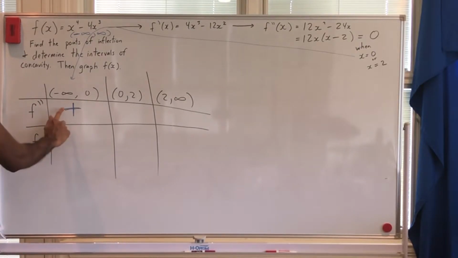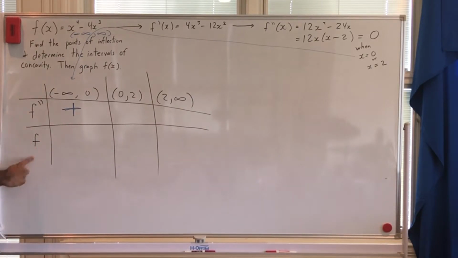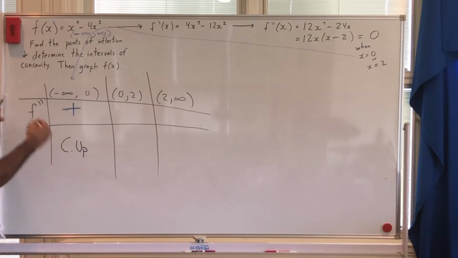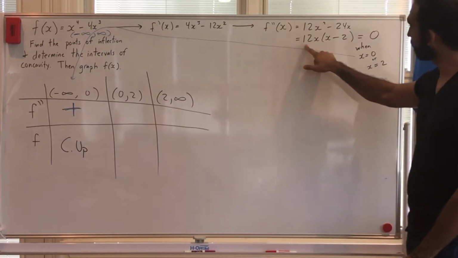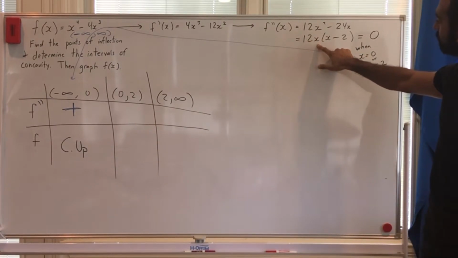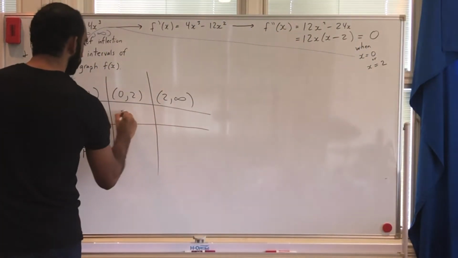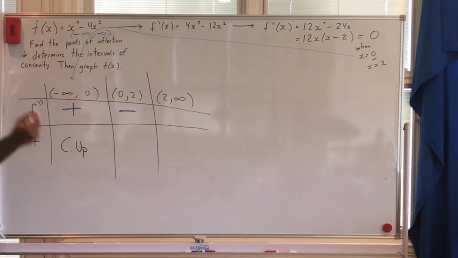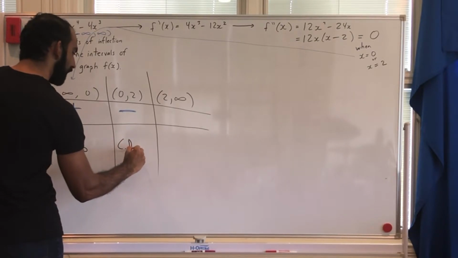So f double prime is positive on this piece, which means what in terms of its visual representation on the original? It's concave up. Likewise, from 0 to 2, let's say 1. If I take 1 and throw it in my factored form of the second derivative, I get 12 times 1 times negative 1. So that's a negative. Second derivative is negative on that piece, which implies that plain old f is concave down on that piece of the graph.